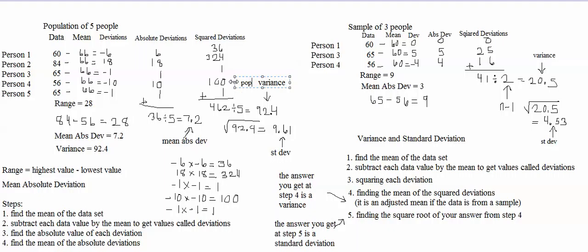I can just write POP for population, and if you find the square root of that variance, then your answer is called a population standard deviation.